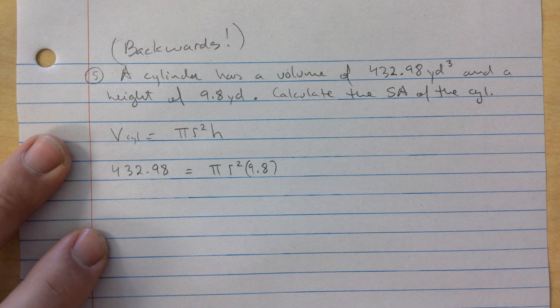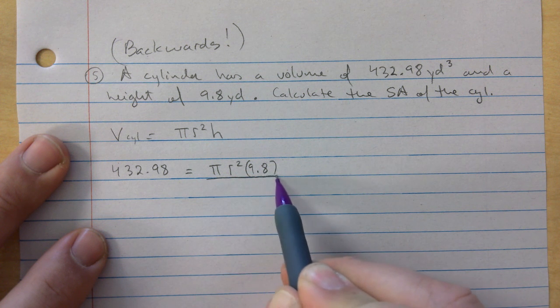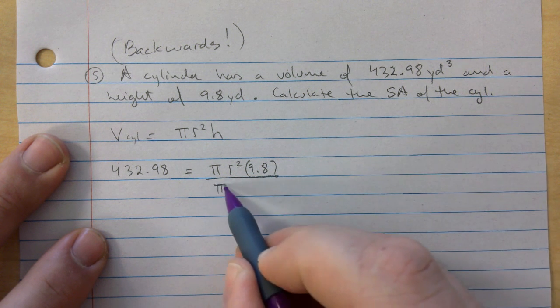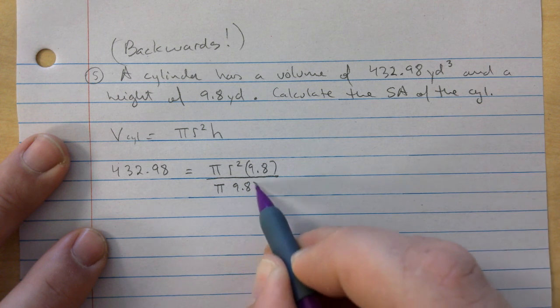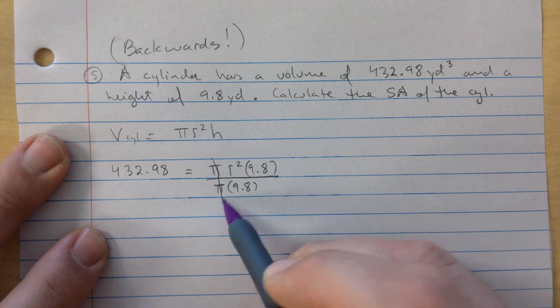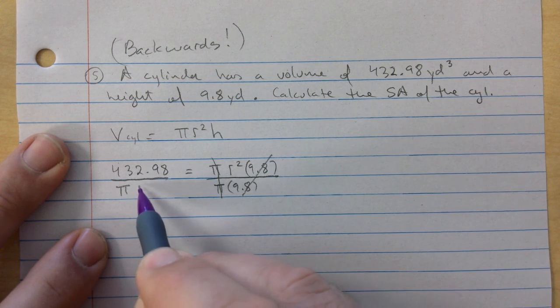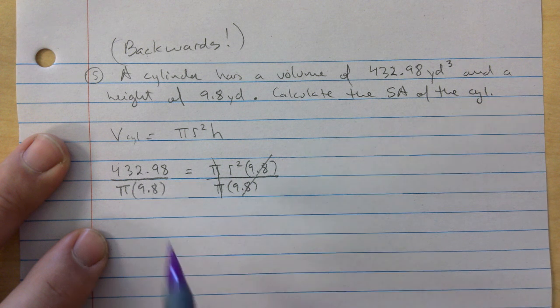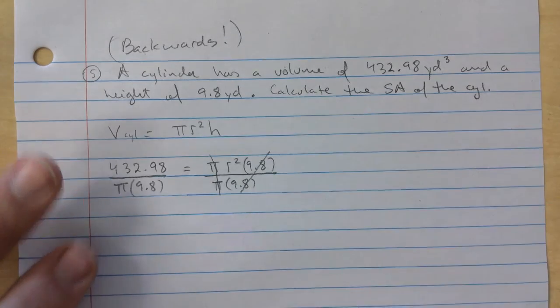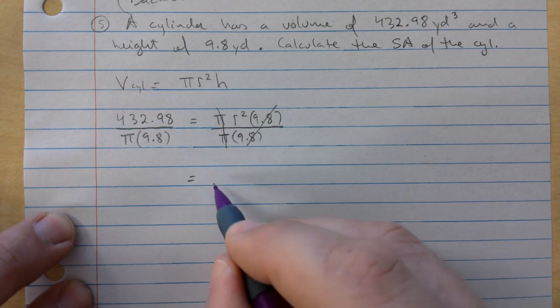Okay. What I'm going to do is divide both sides by pi and 9.8. So these are multiplying here, but that allows me to cancel out here, cancel out there. I'll do the same thing here, pi times 9.8. And I'm not going to figure out the number yet because some of you want to do that.